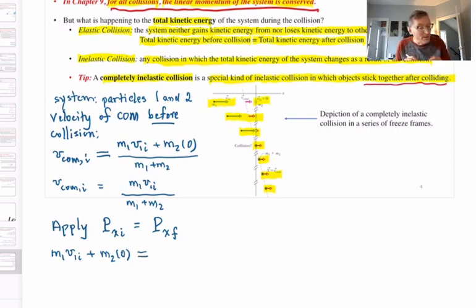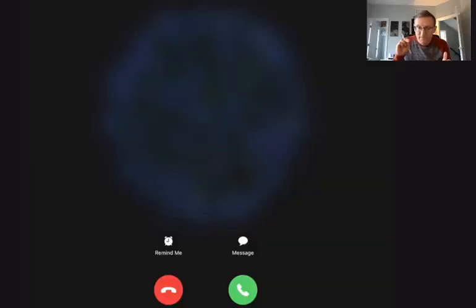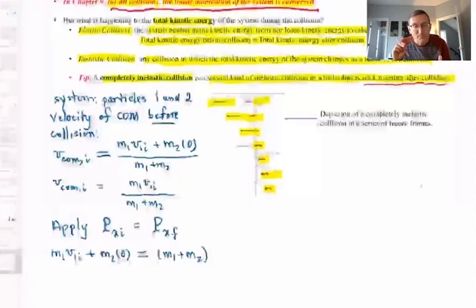So that must equal, now I'm going to write a symbolic expression for the final momentum. Remember, this is a special case, completely inelastic. The objects have stuck together afterwards and are moving as one blob. So I have one particle, but its total mass is m1 plus m2.